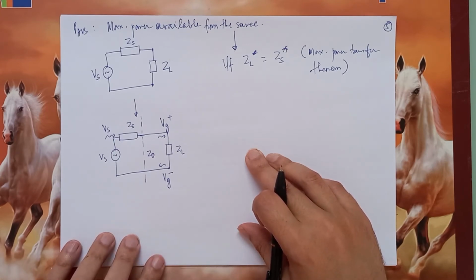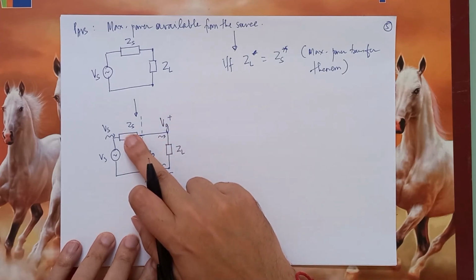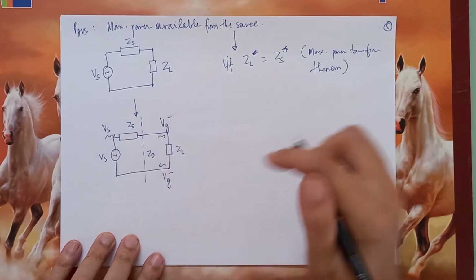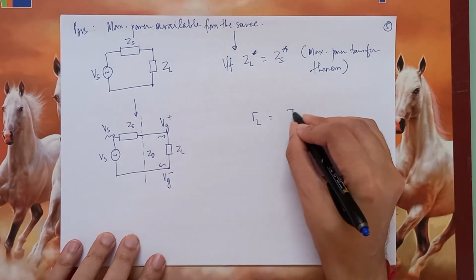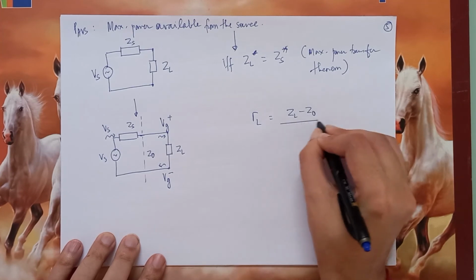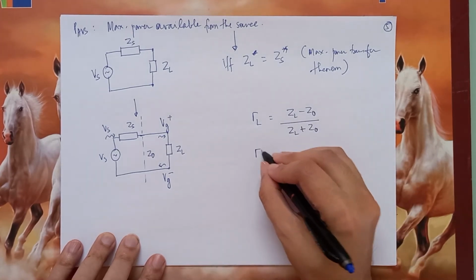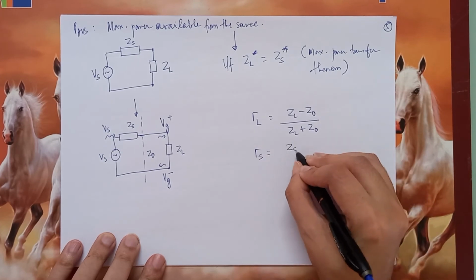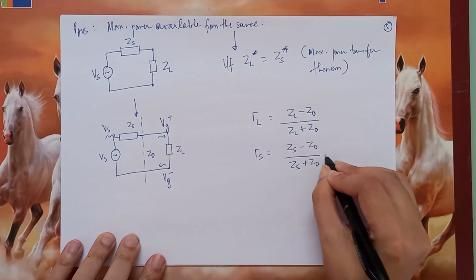So therefore, Vg plus will also depend on the source reflection coefficient gamma s. So now let us define two quantities. Gamma L, which is the load reflection coefficient, that is ZL minus Z0 divided by ZL plus Z0. And the source reflection coefficient gamma s is Zs minus Z0 divided by Zs plus Z0.